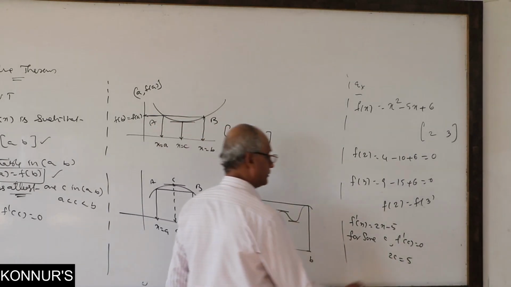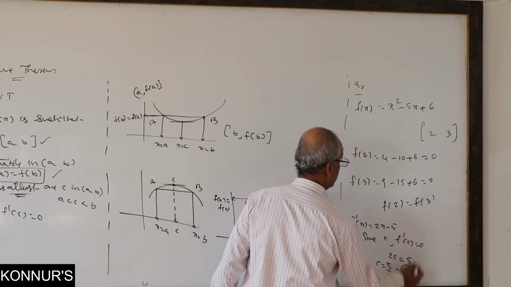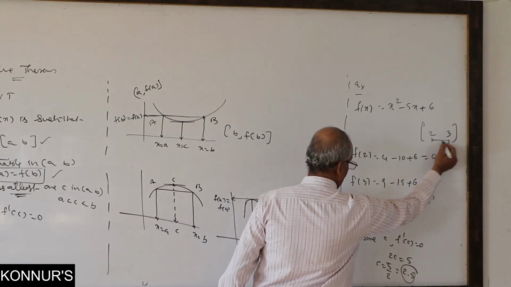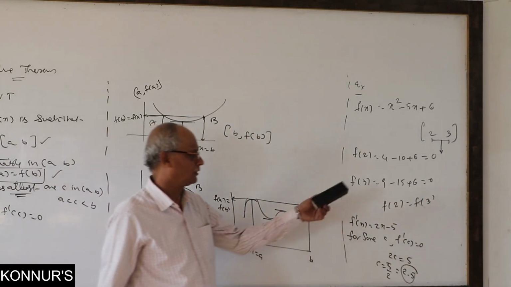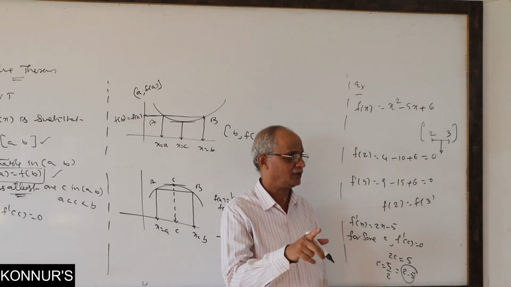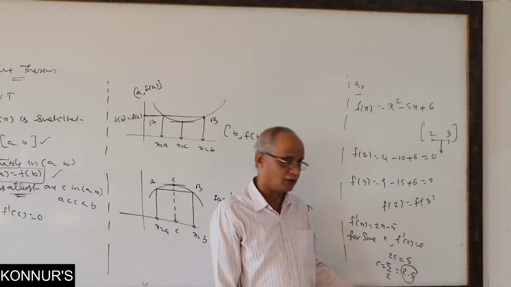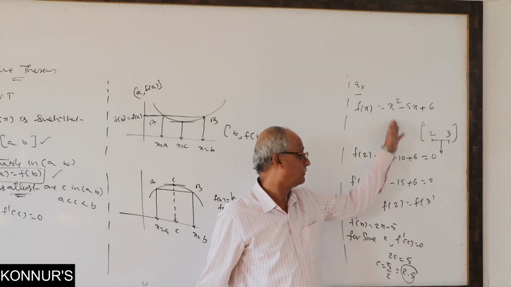Then what is the C value? 5 by 2. How much is it? 2.5, exactly the center between 2 and 3. What is the arithmetic mean of 2 and 3? 5 by 2. One number exists compulsorily, and it becomes the arithmetic mean. One number exists when it is a quadratic function.